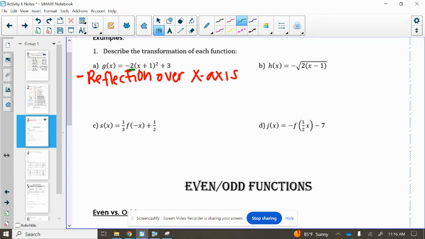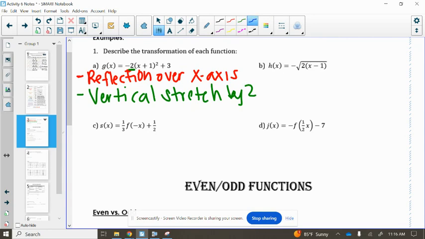This 2 out front is going to create a vertical stretch by 2, by that factor. The +1 is going to move our graph left 1 unit. The +3 is going to move our graph up 3 units.